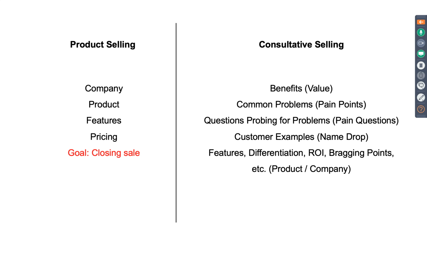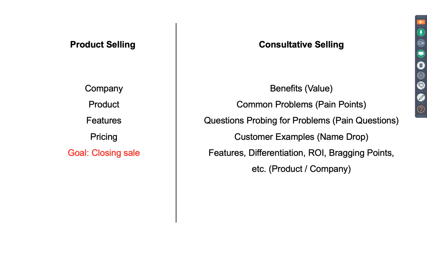My advice would be, regarding the consultative selling sales message, at some point you do want to talk about the product, but the logic here is, let's talk about the prospect first and then talk about the product later.